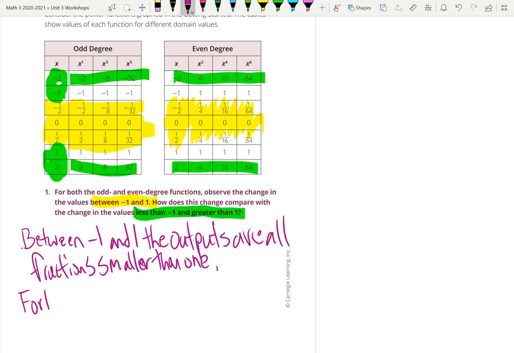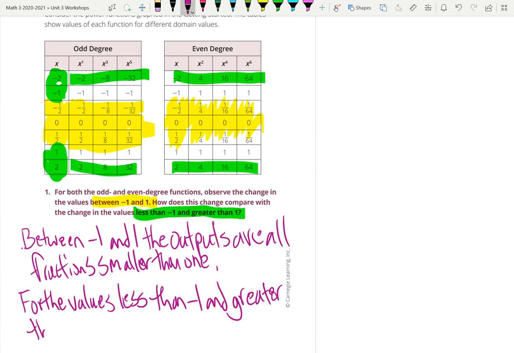For the values less than -1 and greater than 1, the outputs grow exponentially.